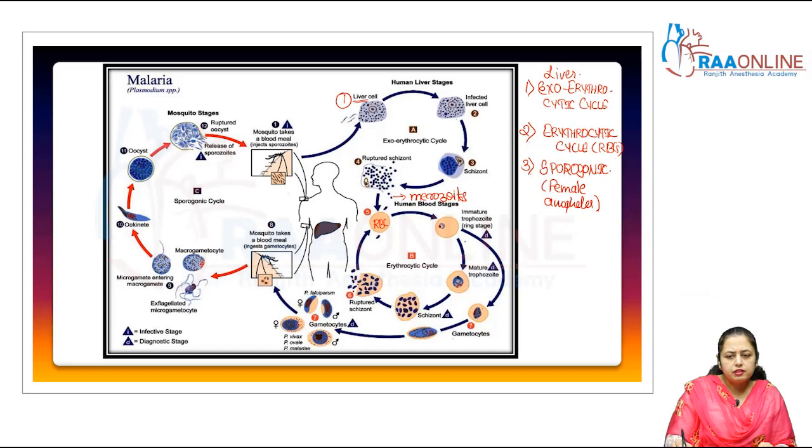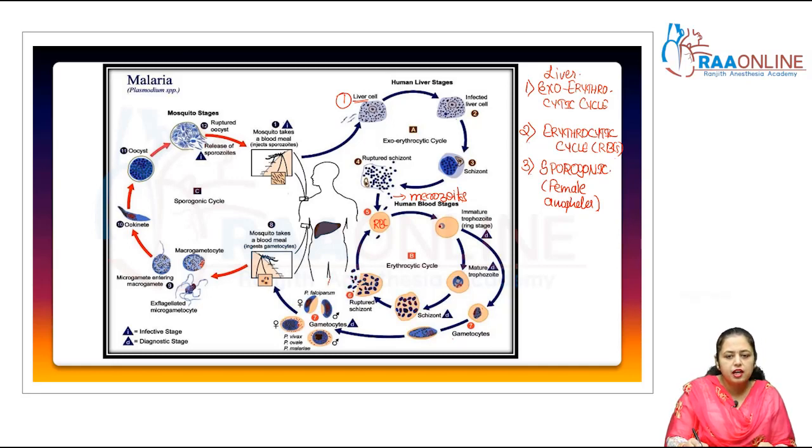And what will happen in that stage? When the schizont is mature, it gets ruptured, and then hemozoin granules are released, right?